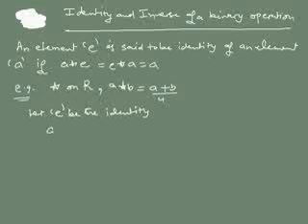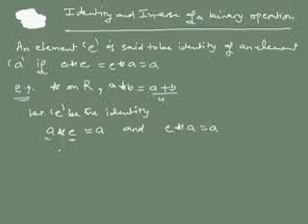If E is the identity, then A star E should be equal to A and E star A should also be equal to A. A star E, by definition, A star B is A plus B by 4.